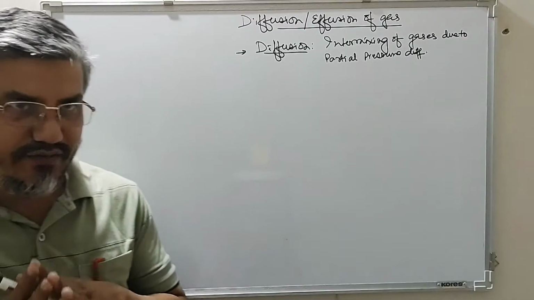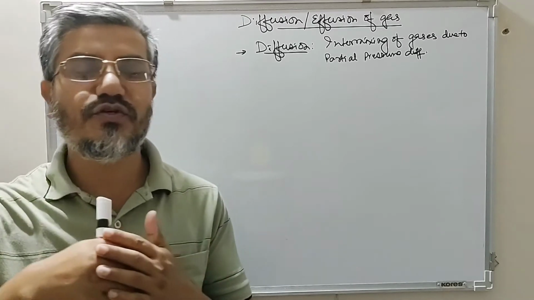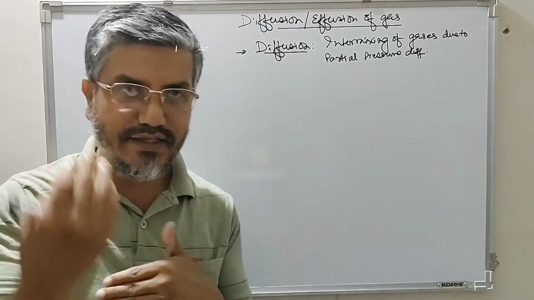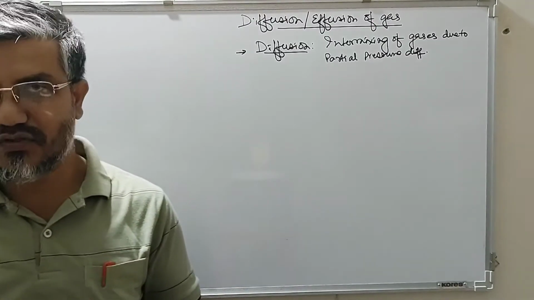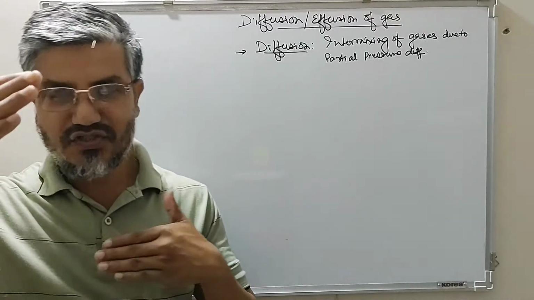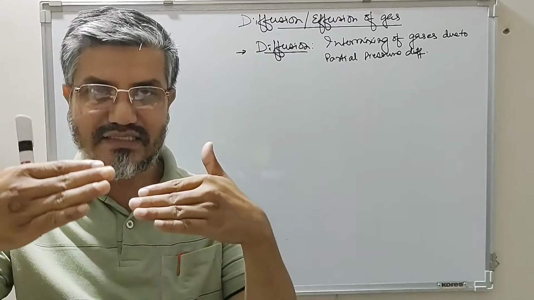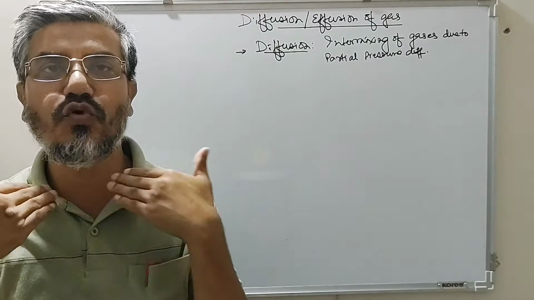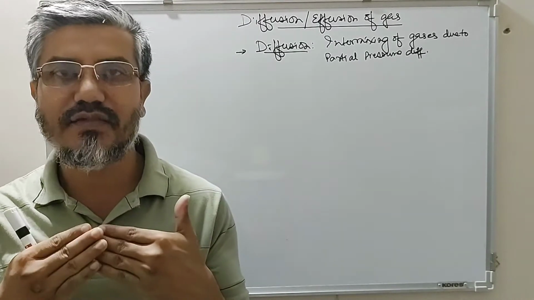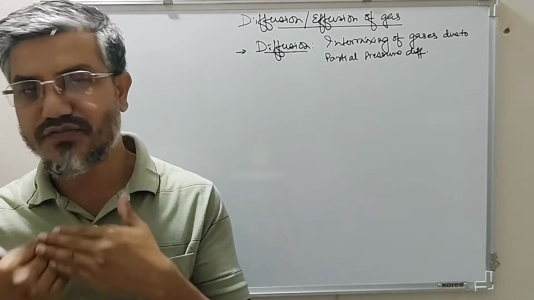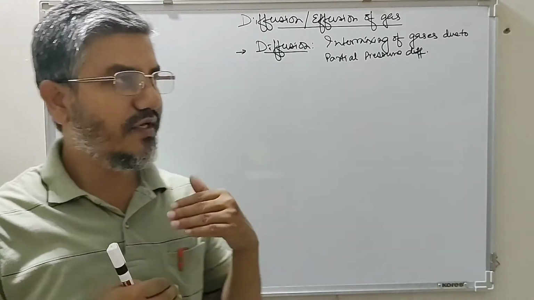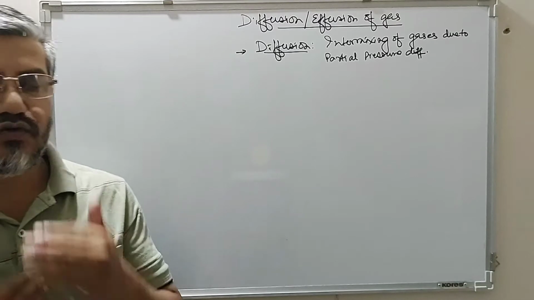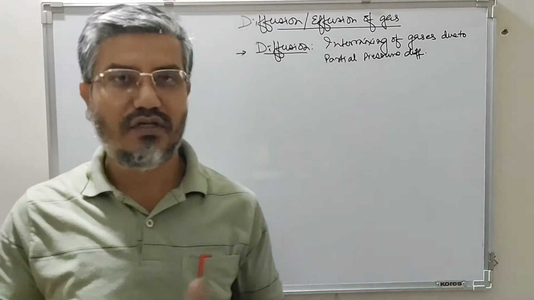Whenever we have a larger partial pressure difference between the gases to be mixed, the rate of diffusion will be faster. As the partial pressure difference decreases and drops to the equilibrium state, when the partial pressure of both the gases is the same, the rate of diffusion becomes almost 0. So look at this diffusion: this intermixing is possible only when there is a partial pressure difference.